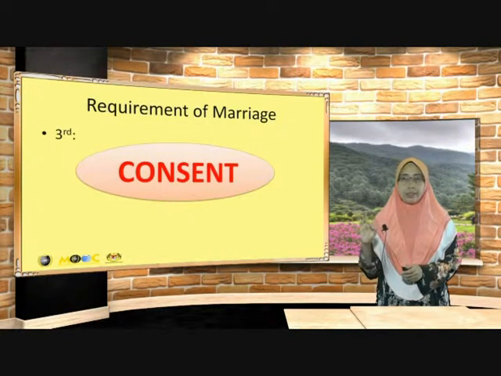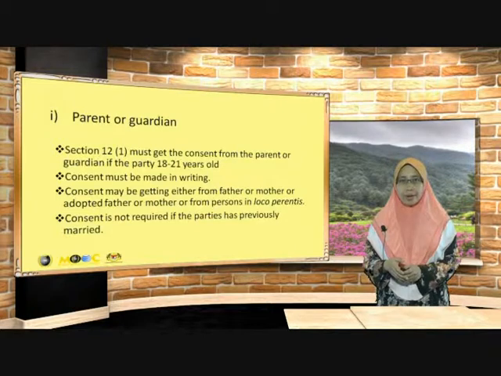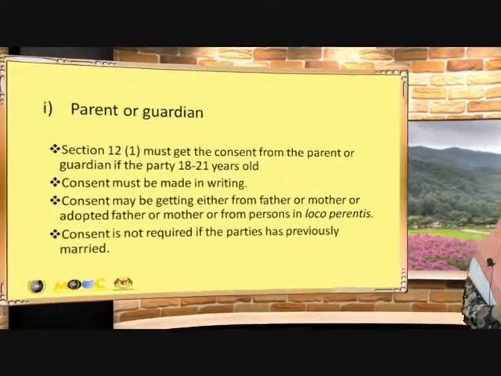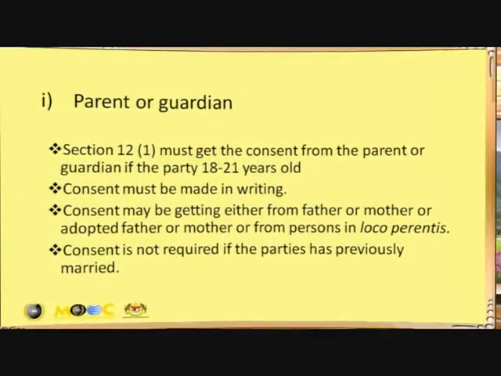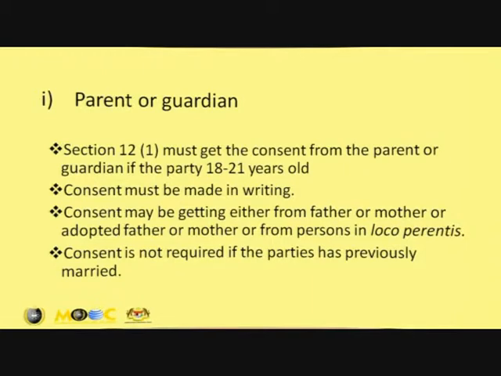And number 3, the third requirement is consent. Consent here referring to consent from parent or guardian and also consent from both parties in the marriage. For consent from parent or guardian, it was explained in section 12 of LRA where subsection 1 stated that the party to marry must obtain consent from the parent or guardian if the party is between 18 to 21 years old.